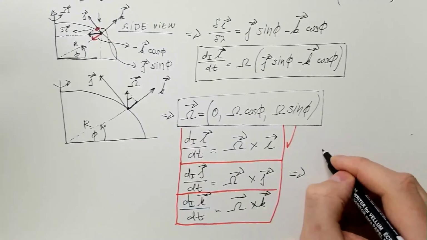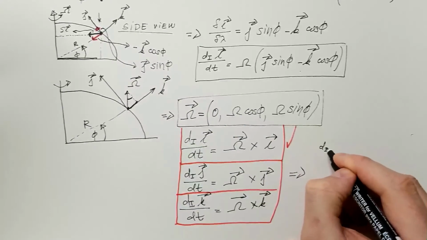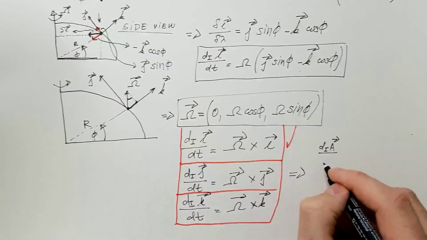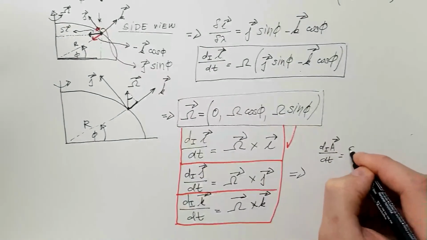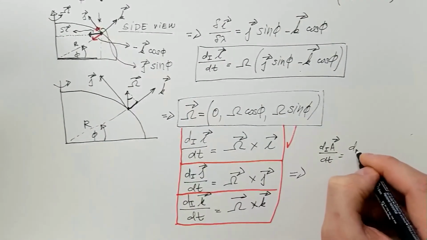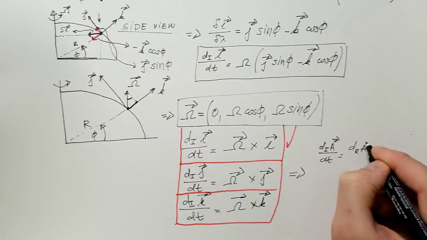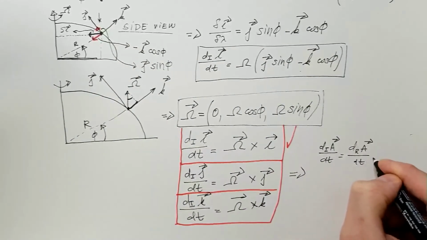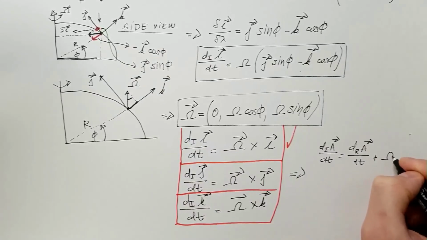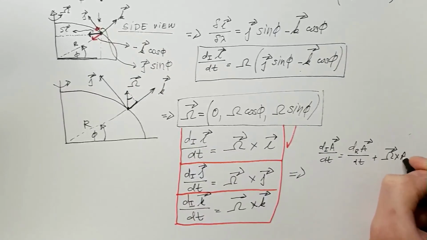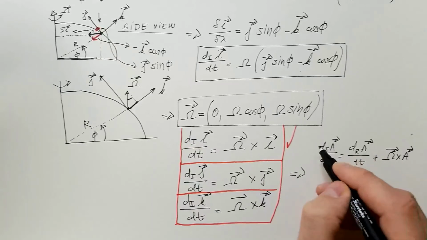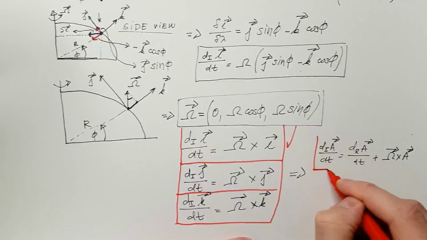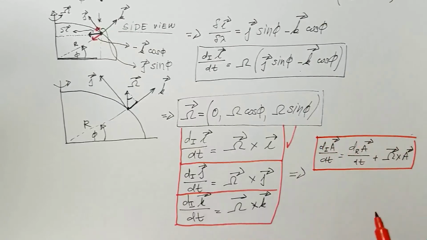It will tell you that the derivative of vector A in the inertial frame of reference is equal to the derivative of vector A in the rotating frame of reference plus omega cross A. And look at this beautiful expression.